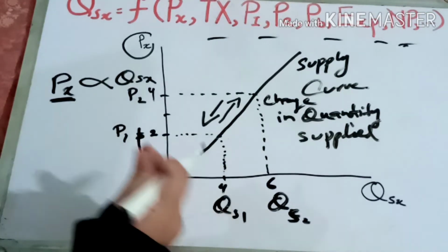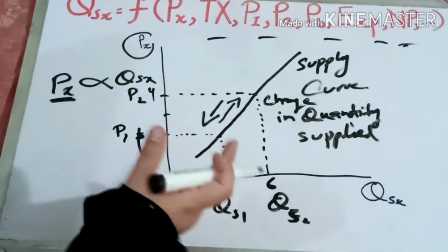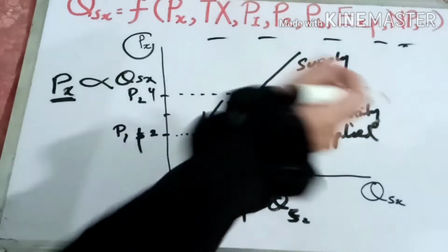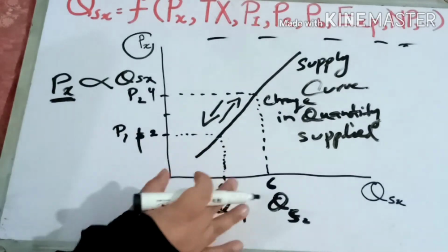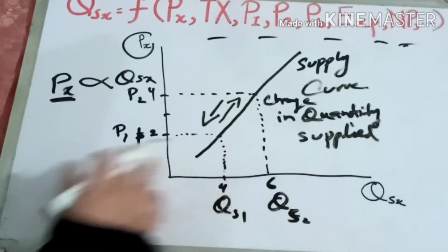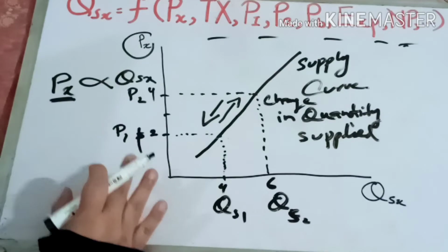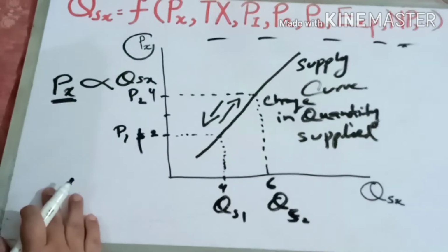Because some factors have caused the price of the product to increase, the suppliers respond by increasing the quantity supplied. This supply response is by the existing suppliers, since the number of suppliers is held constant when defining any given supply curve.